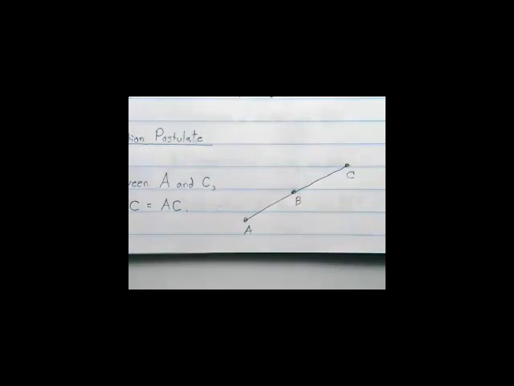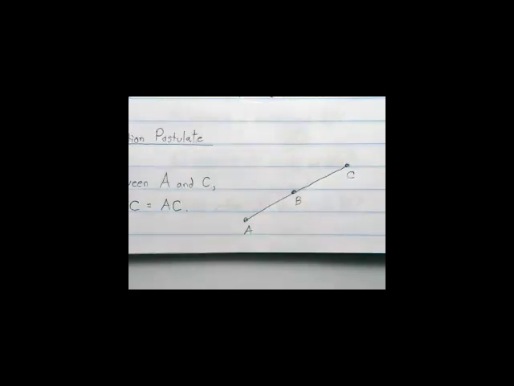So this last little part then, AB plus BC equals AC. Do you see that in the picture? The length of this segment plus the length of this segment is the whole thing. Makes sense, right? Here's how the segment addition postulate gets used quite often.